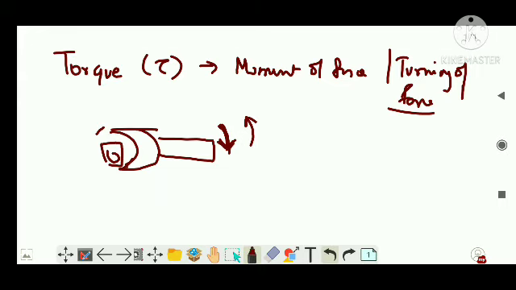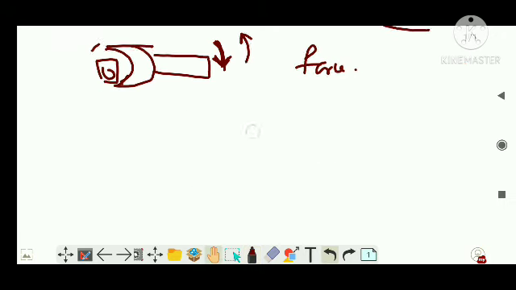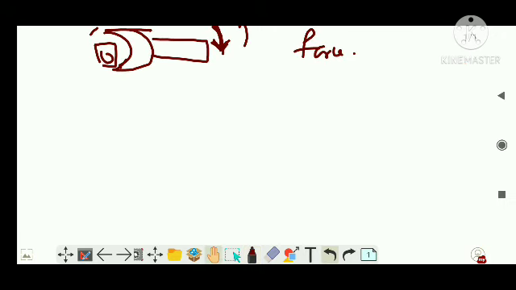An amount of turning is happening, and that amount of turning is known as torque, done by application of force in a downward direction.